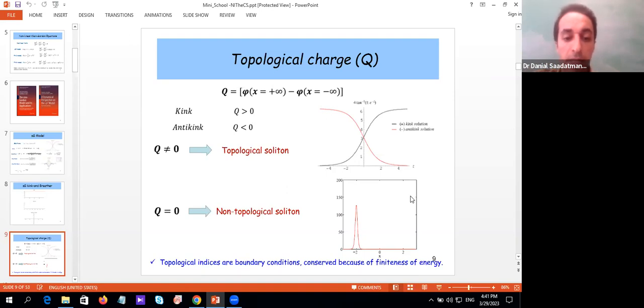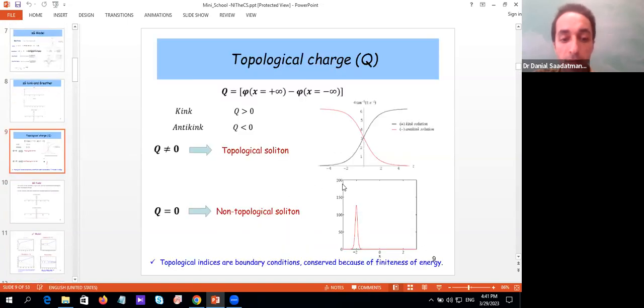In fact, the origin of the conservation of the topological charge is very different from the conservation of other quantities.